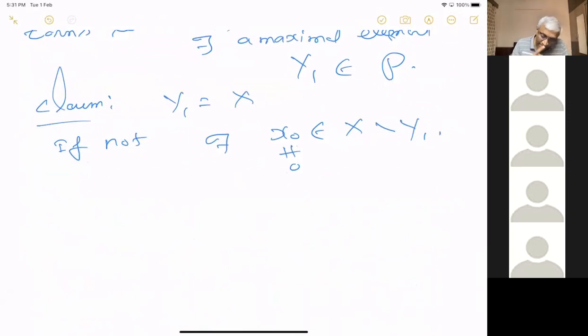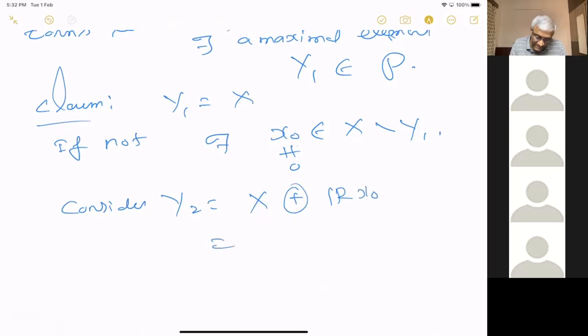Okay. So now consider y2 equal to x direct sum t x naught, or R x naught. By definition, this is all those x plus t x naught, where x is in, sorry, this is y1.